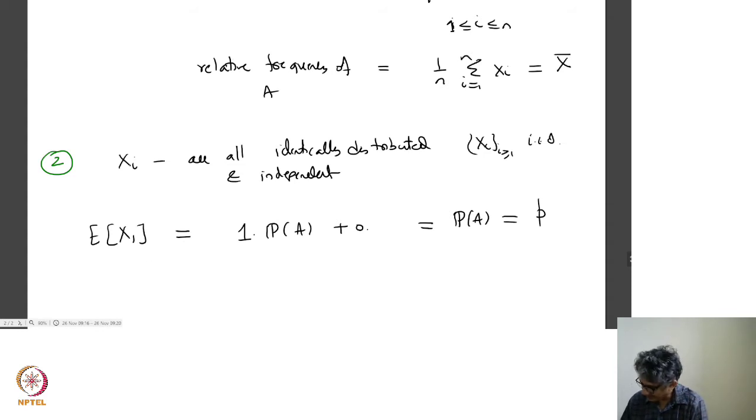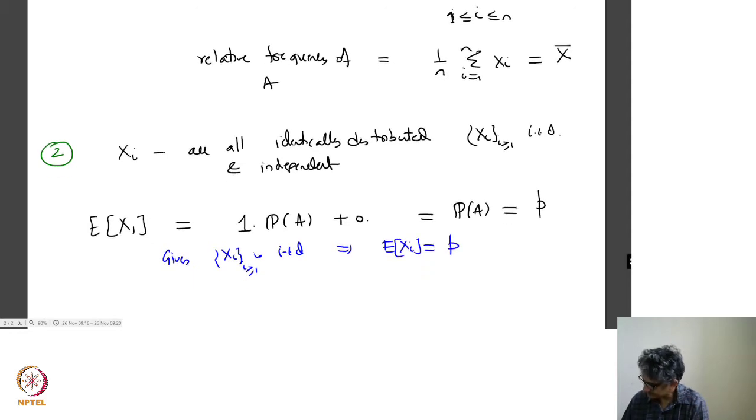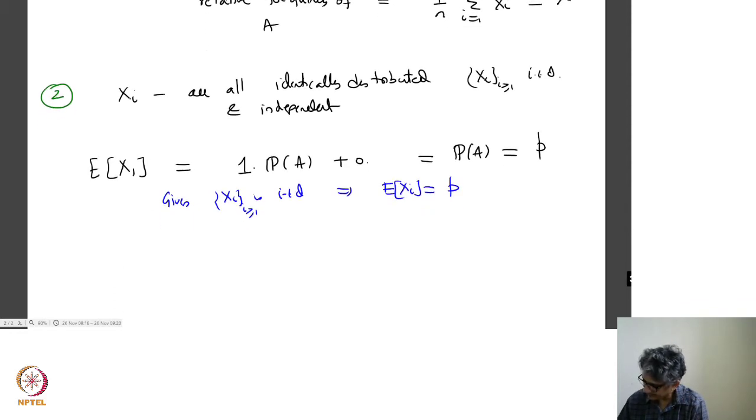Since all the xi have the same distribution, given xi is IID, this will imply that E of xi is equal to p for all i.